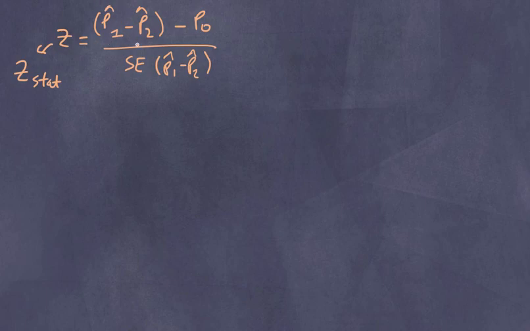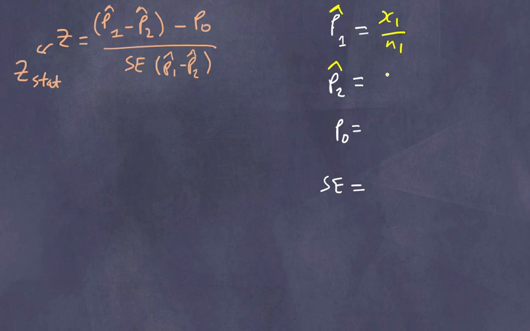We need to find P1 hat, we need to find P2 hat, we need to know what P0 is, and we need to find the standard error of the difference between P1 hat and P2 hat. The P1 hat is x1 divided by n1, and P2 hat is x2 divided by n2.